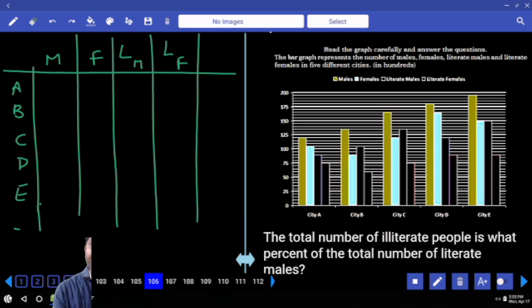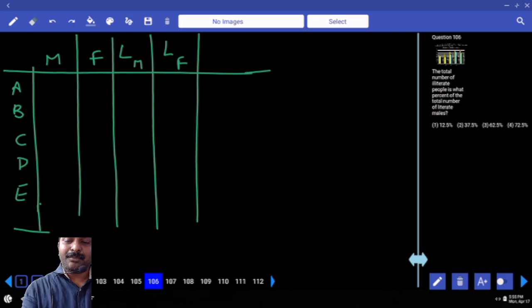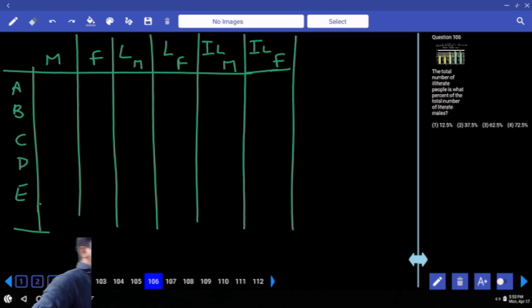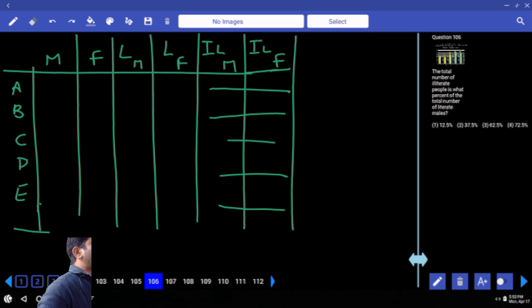Keep some space because your sixth sense says you can calculate illiterate male and illiterate female. While preparing the table, just give the option, but don't fill the gap. Do it when it is really required.